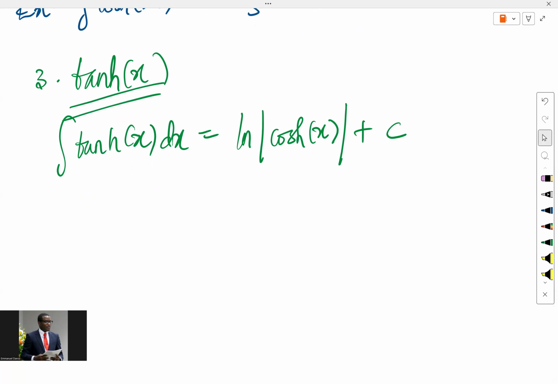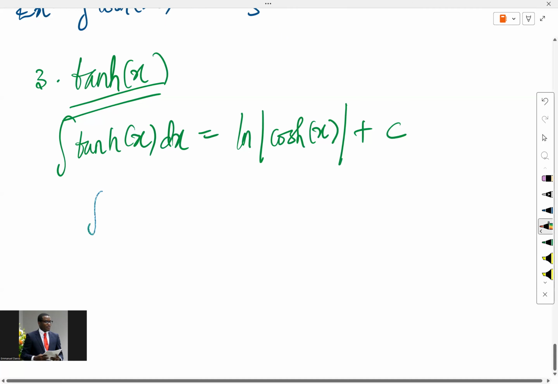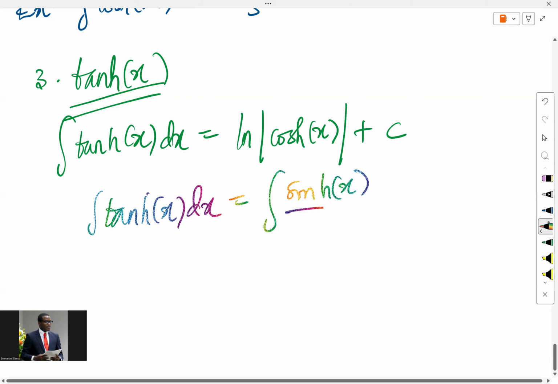Because, of course, I think it's easier to look at it from the viewpoint of, okay, I feel I should do this. Let's go for it. So we have the integral of tanh x dx. That's the same thing as the integral of sinh x all over cosh x dx, because tanh is sinh over cosh. So I want to integrate this.